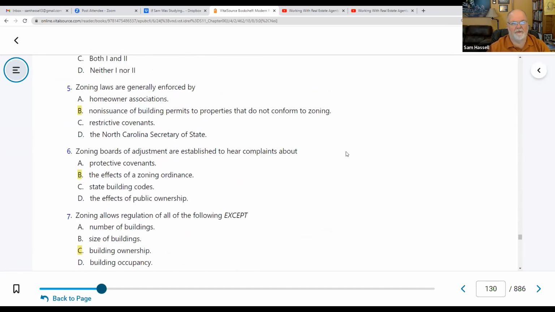Number 5, zoning laws are generally enforced by B, non-issuance of building permits to properties that do not conform to zoning.